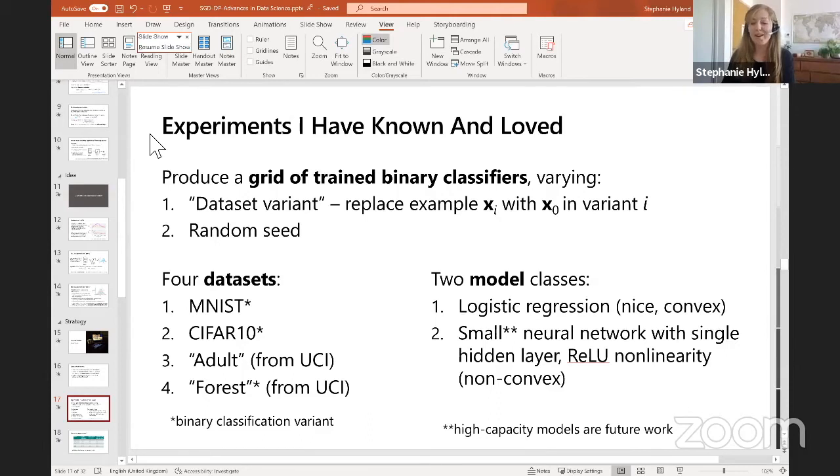I will note here that these are quite low dimensional. In general, high capacity models are very difficult to make private simply because you're releasing so many parameters into the world. So extending this to larger models is ongoing work, as they say.